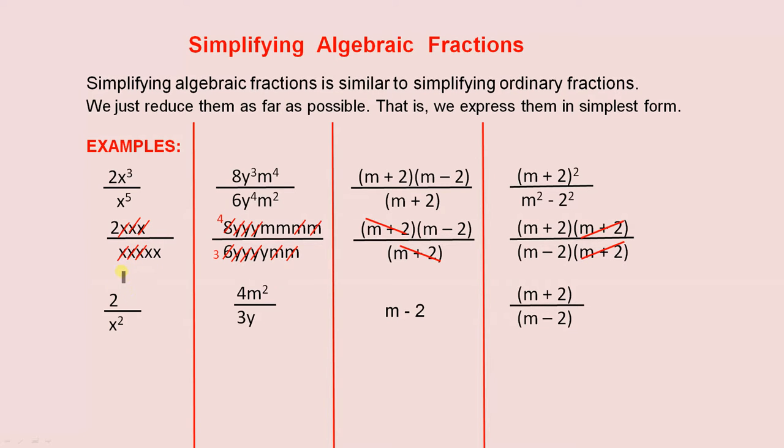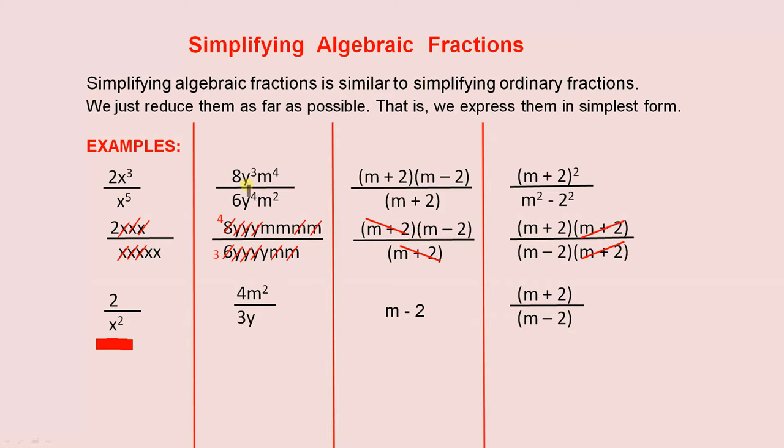And we are left with 2 in the numerator and x times x in the denominator, so it's 2 over x squared. Now remember, the principle is this: whatever you cancel out in the numerator, you must cancel the same thing in the denominator. That way the fraction has the same value. And that's the principle we use for all of these examples.